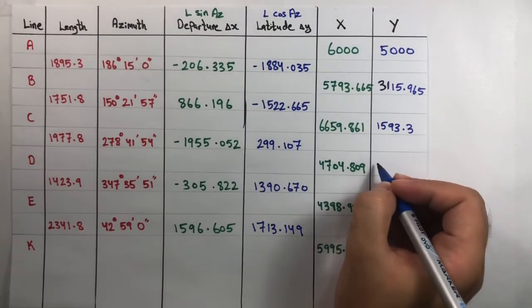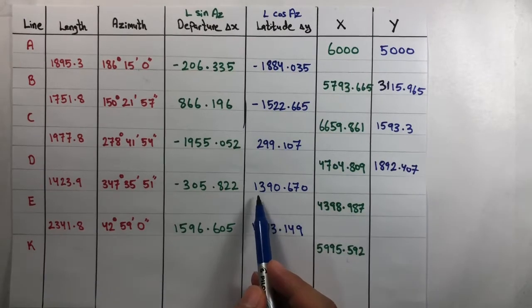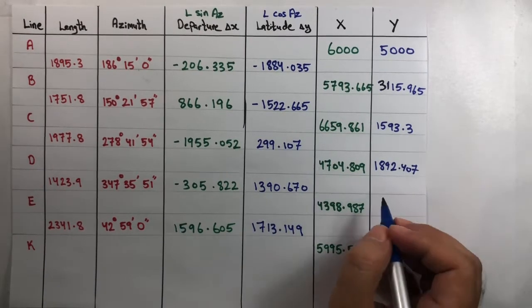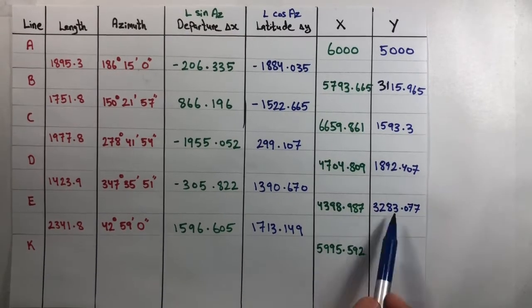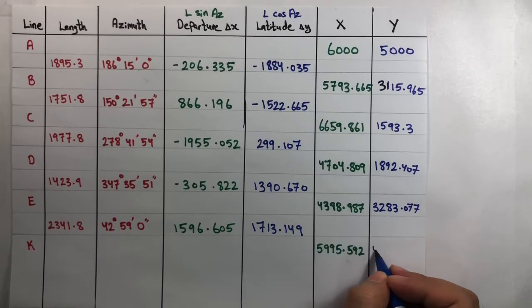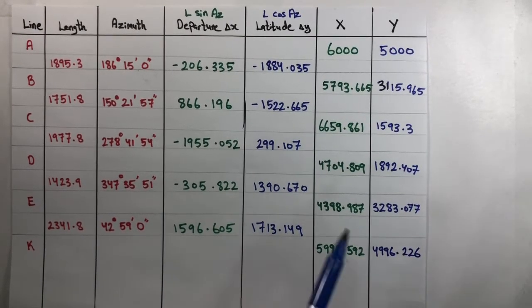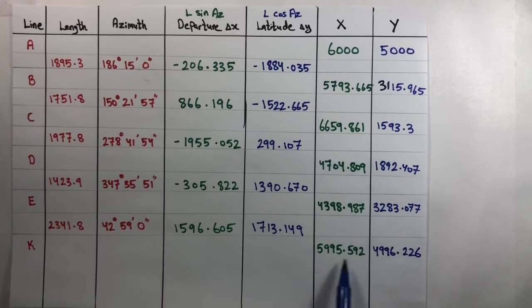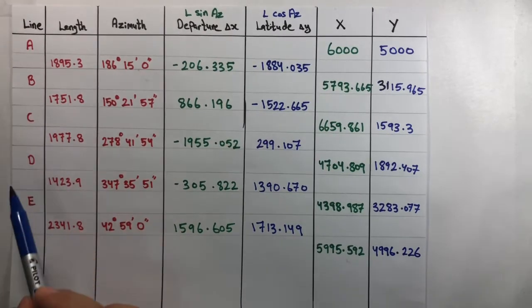Again, we'll add this value. Get 1892.407. We'll add this value again, and we get 3283.077. We'll add 1713.149 finally, and we'll get here 4996.226. These are the coordinates of all the points B, C, D, E, and K.